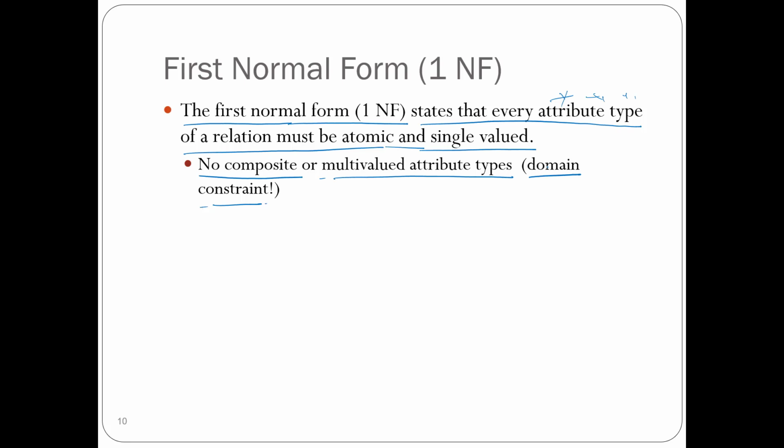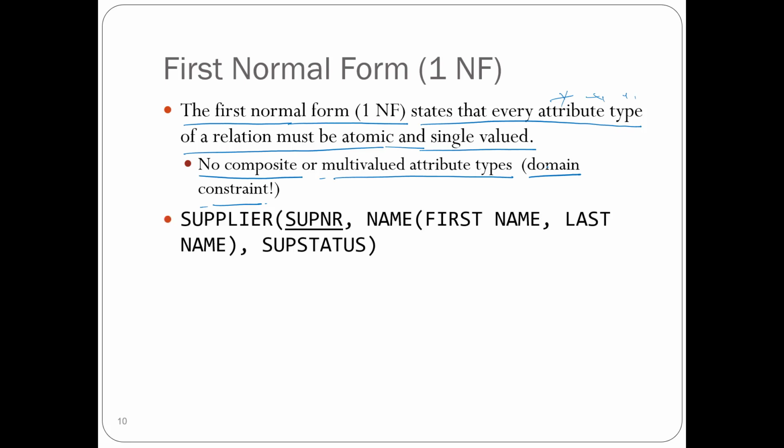So you should know this mapping: the domain constraint is equivalent to first normal form, which says that all the attribute types of a relation should be atomic and single valued. And in the domain constraint we have one more condition, that the values we have for these attributes of a relation should come from their domain type. So that domain part is also to be added.